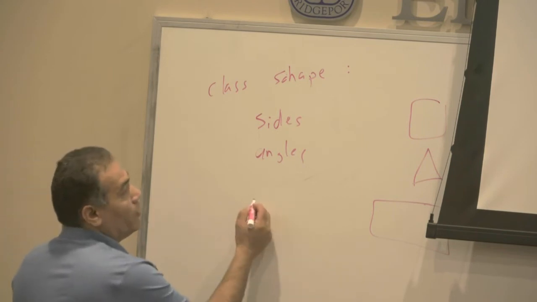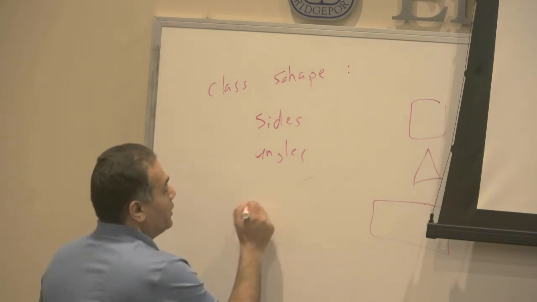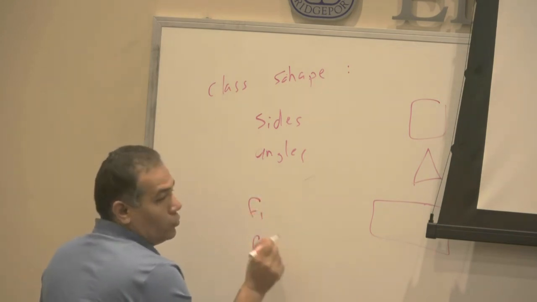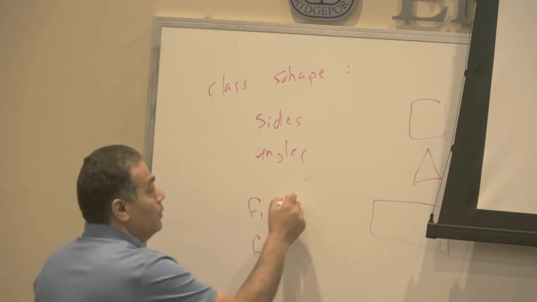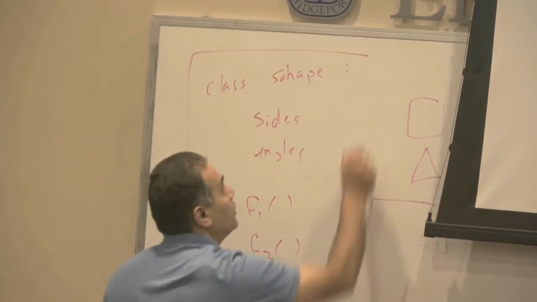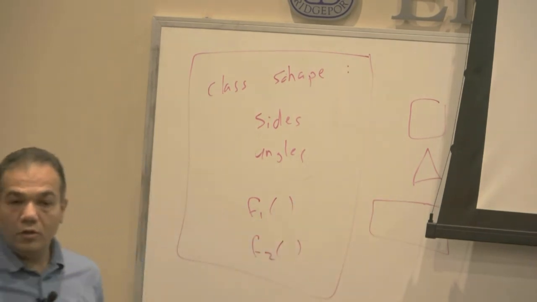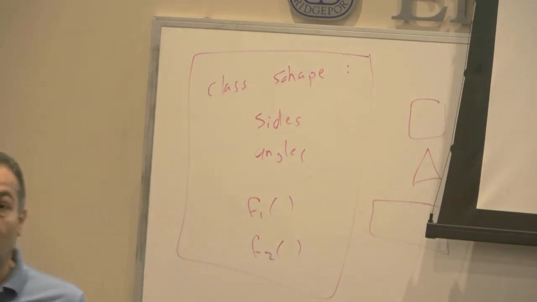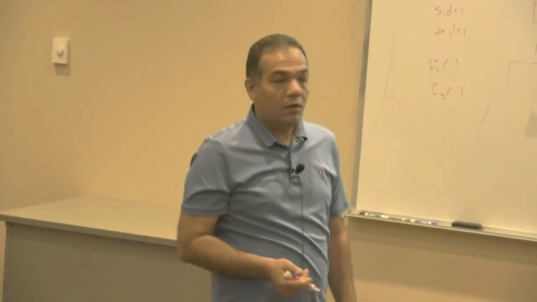And there are methods, like fun1, function 2, whatever you call it. And this is what you call a class, attributes and functions. So you try to have a story where you can describe something within a class, to create a class first.